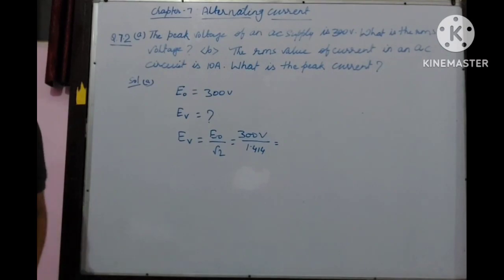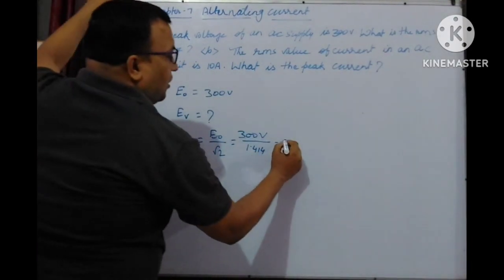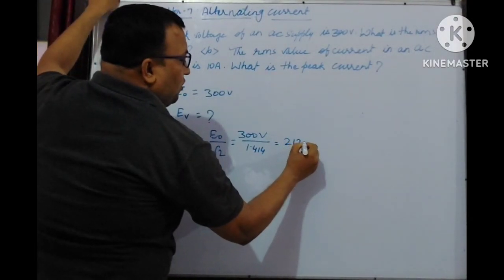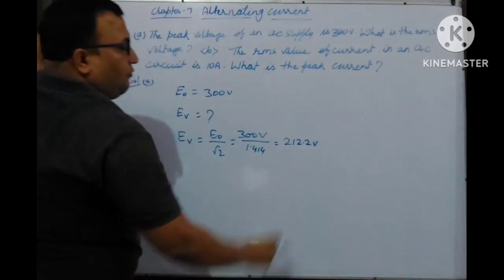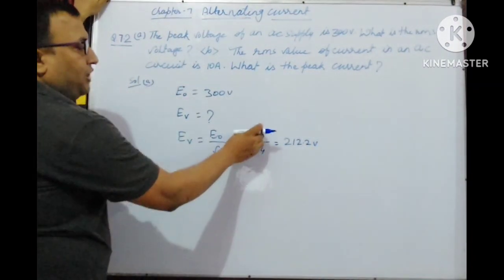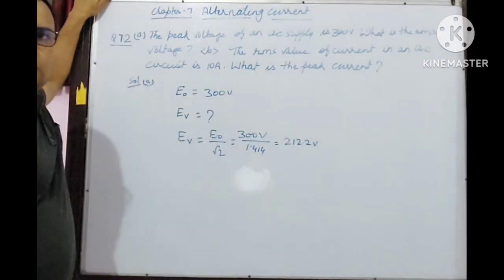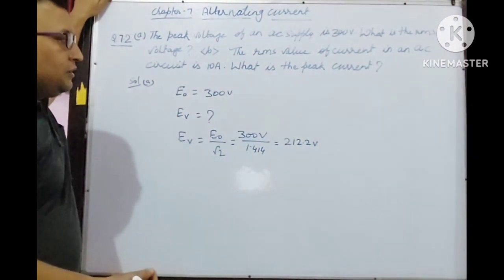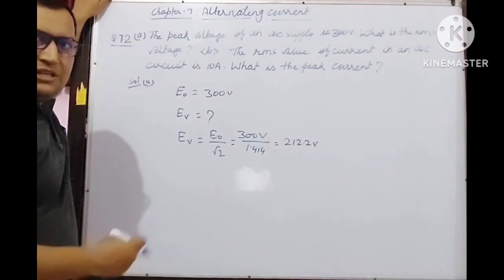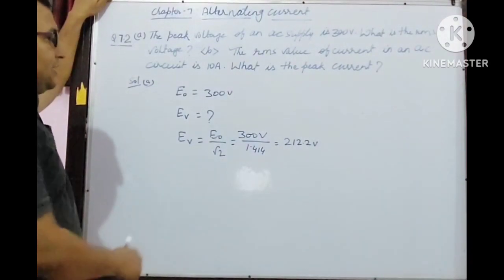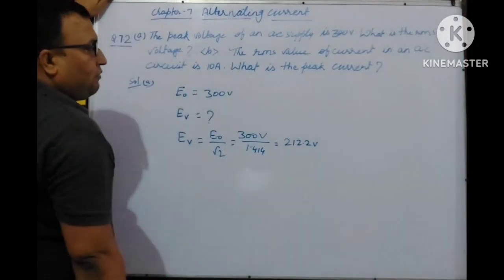And when you are going for dividing this one, what the result you are going to get? You are going to get 212.2 volt. Volt is the unit. If you go for dividing this, you will get this result. Okay, very easy. You can do this division by yourself. You will get this result. So this one is the solution number 1.